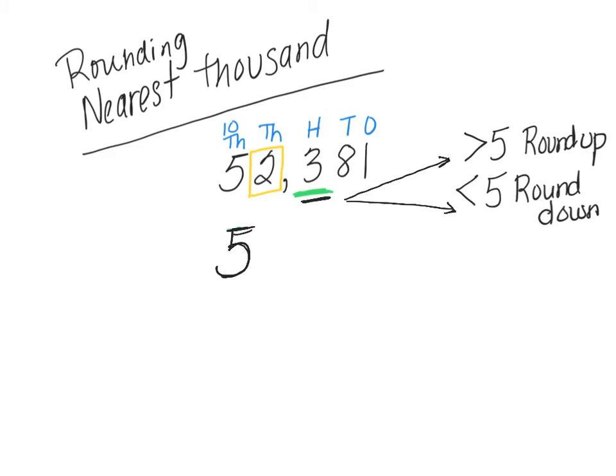Well, 3 is less than 5. So the 2 is going to stay a 2, but all of these digits are going to become a 0. So that is how we handle it when we have problems like this. So we'll do one more.